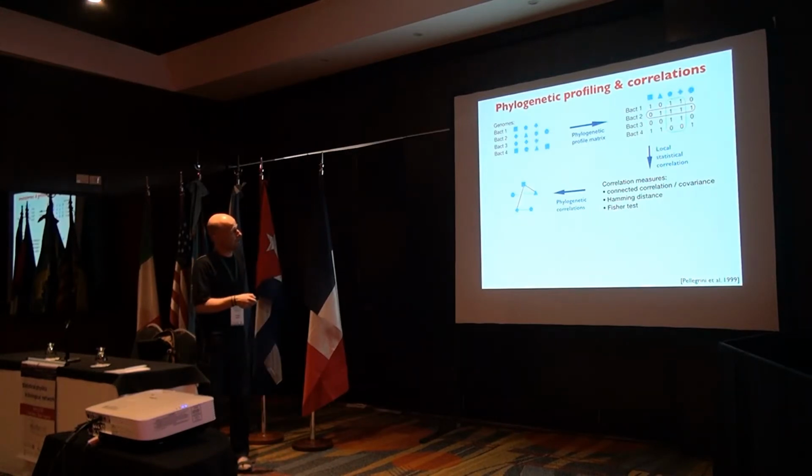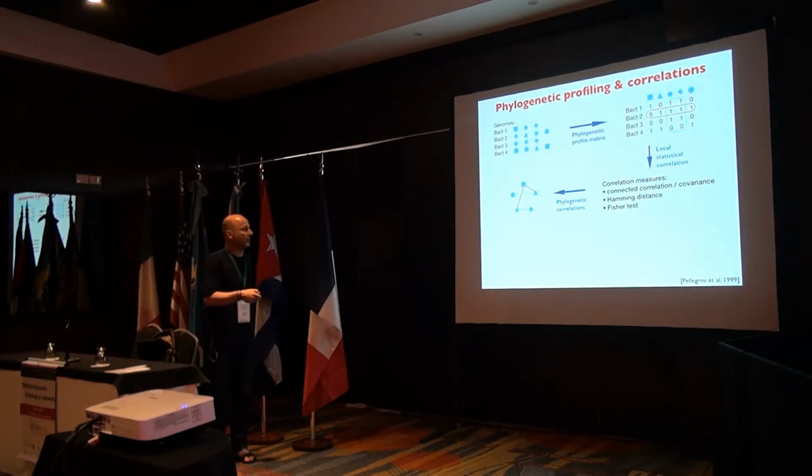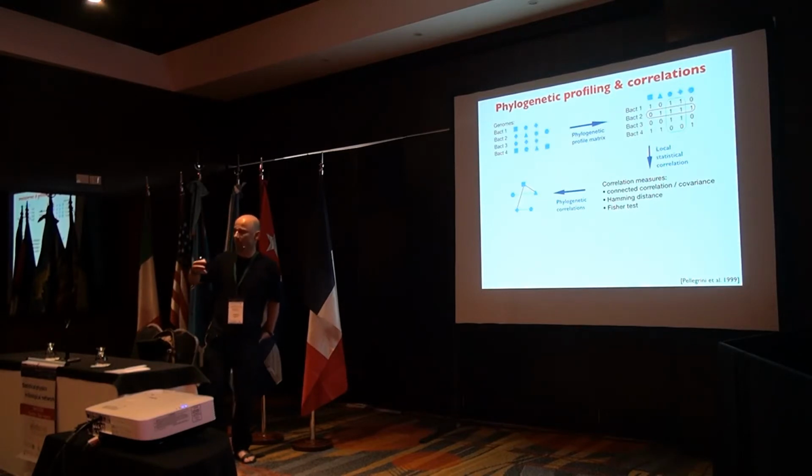And here you see that these ones, for instance, are correlated. It's hard to say what correlation means, but you see some patterns, they co-occur, they are present or absent together, and you can measure if there is some statistically significant correlation or not. And you can say the most correlated are maybe interacting with each other.